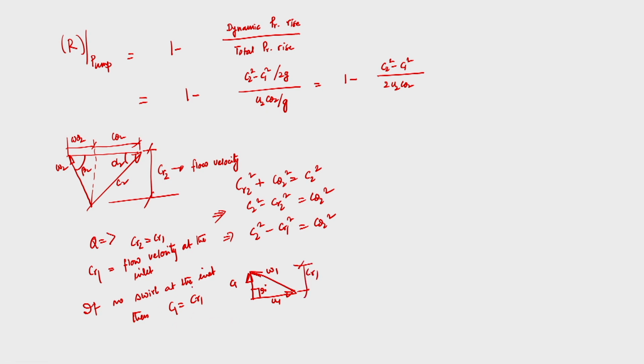So, if no swirl at the inlet, from this diagram we can see that C1 is equal to CR1. If I put the value here, then C2 square minus C1 square is equal to C theta 2 square.